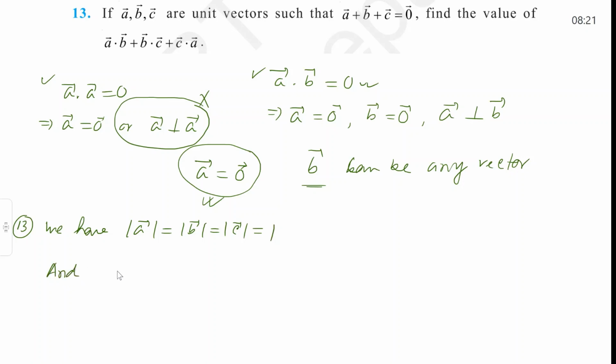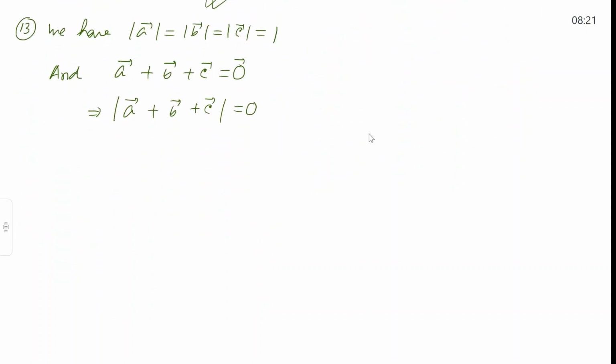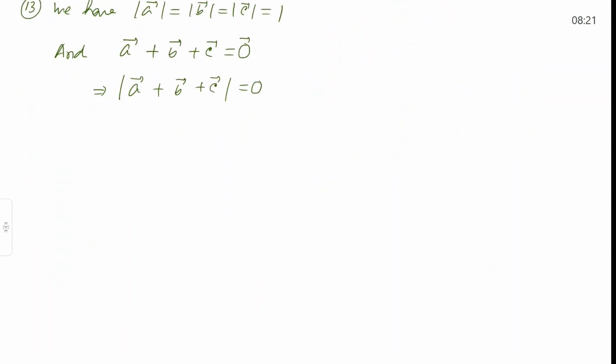With that relation given, A bar plus B bar plus C bar is equal to the vector 0 bar, and this is 0, meaning the modulus is also 0. That means mod of A bar plus B bar plus C bar is also 0. This is now a scalar number. In the previous line it was a vector, but after taking modulus it is now a scalar.